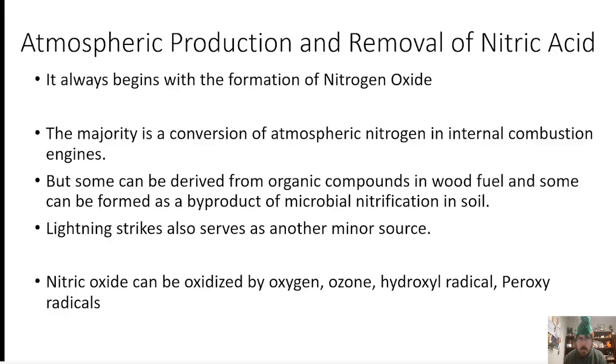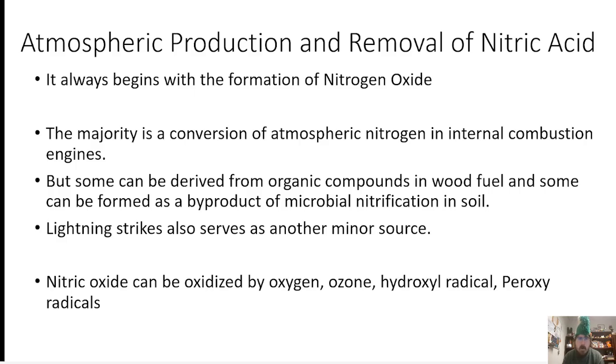So, talking about that. How does acid rain get formed? Most common form, which is our nitric acid. So, nitric acid rain always begins with our nitrogen oxide samples. The majority is a conversion of atmospheric nitrogen via the internal combustion engine. So, most of it's coming from our cars, as we've already seen.